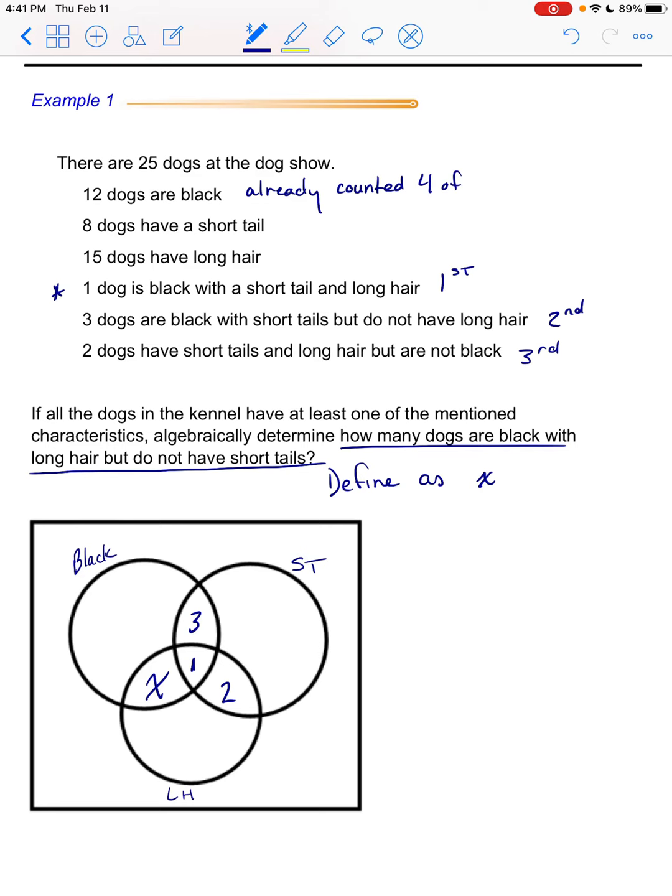That's the black dog with short tail and long hair, and the 3 that are black with short tails but no long hair. So we are starting with 12 dogs, and we're going to subtract the 4 already counted, and also subtract our x, or our dogs that are black with long hair and no short tails. So that gives us 8 minus x.